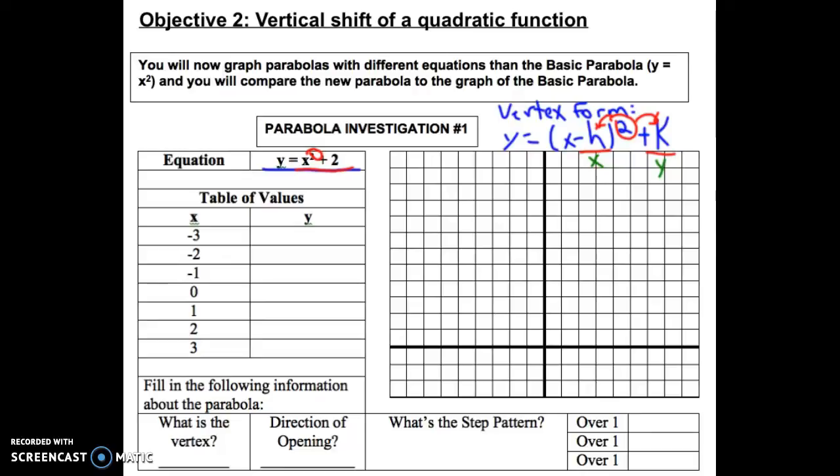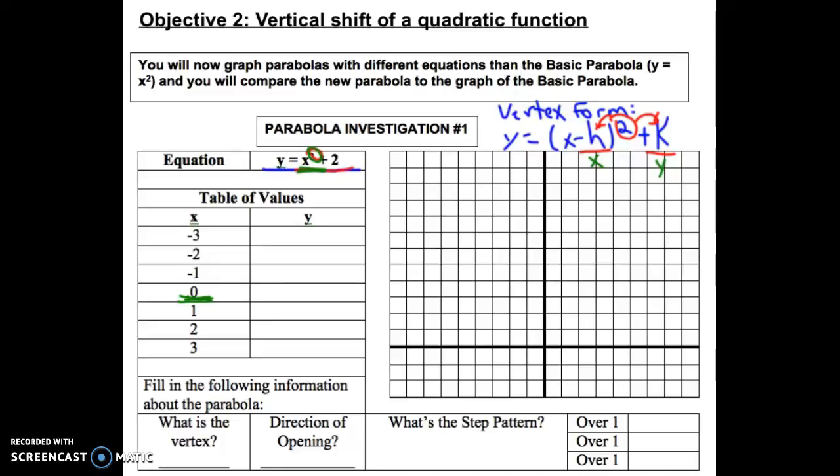So if you see in our given function here, there is no number to the left of the power of 2, the quadratic term there. So I know that the h term is 0 because it doesn't exist. So I know that my vertex is going to have an x value of 0.